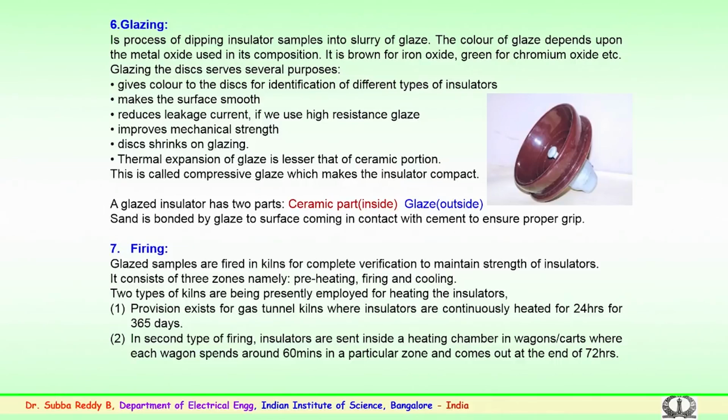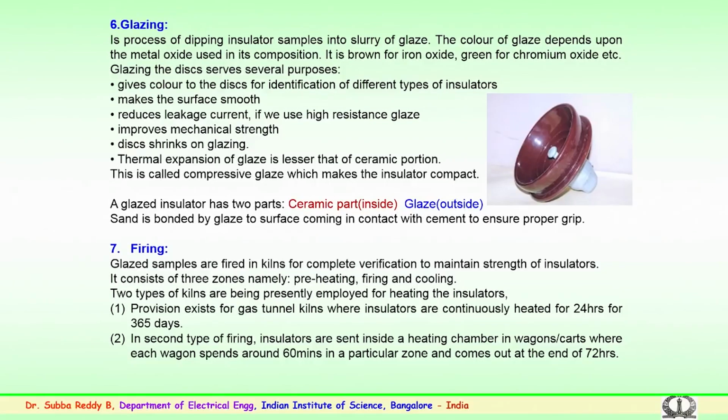So, two types of kilns are usually employed for heating these insulators. Provision is made for gas tunnel kilns, where insulators are continuously heated for more than 24 hours, up to 365 days. In the second type of firing, insulators are sent inside a heating chamber in wagons or carts, where each wagon consisting of several insulators spends more than 60 minutes in a particular zone.